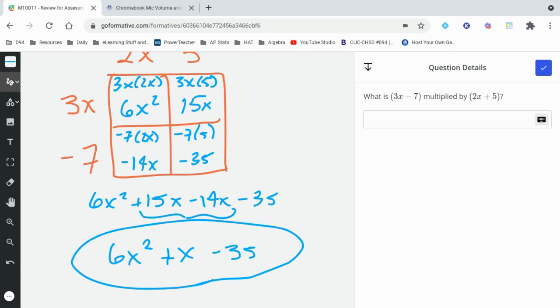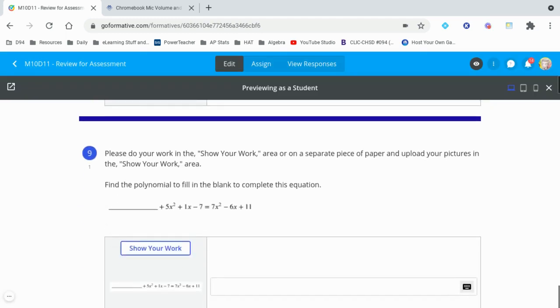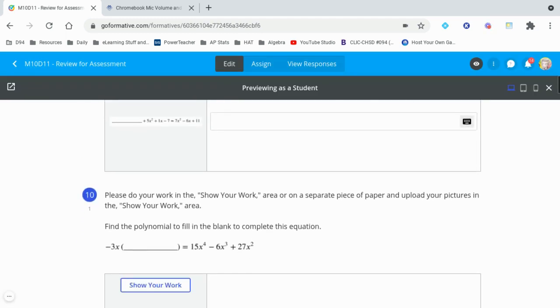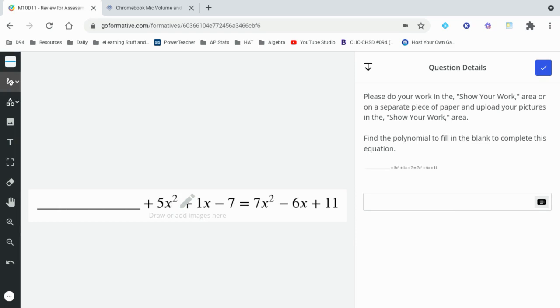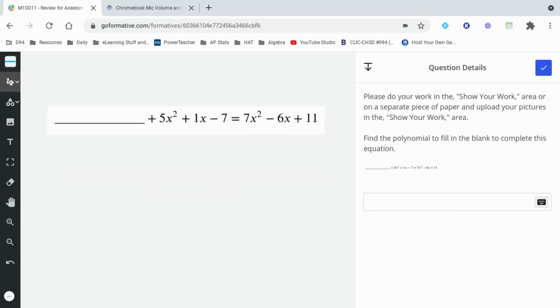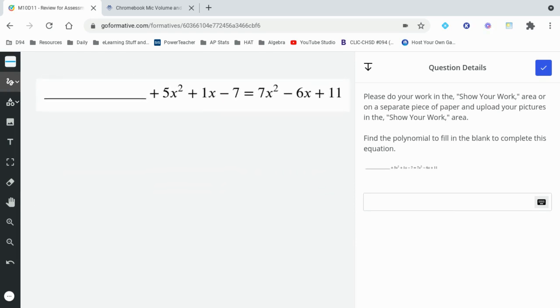All right, we've got one more here. Actually, yeah, I think one more. So I'm going to come down here, and these last two problems you need to kind of figure out. I'm not going to go through these all step by step, but I'm going to kind of talk through where you're thinking things. So again, you need to come up with a polynomial here that when I add it to this is going to give me this polynomial here.